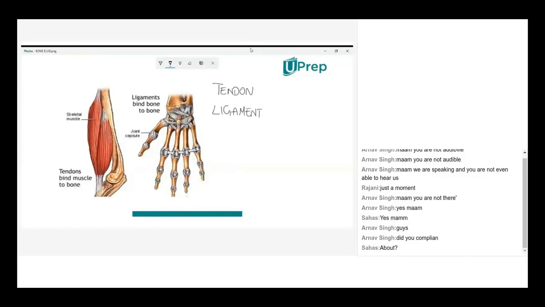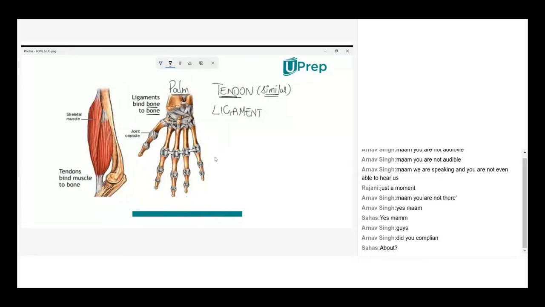Don't get confused. Ligament binds similar things. What are the similar things? Bone and bone. Can you see that? Bone and bone are joined. Here they have taken a palm, or in other words, you can say the arm.